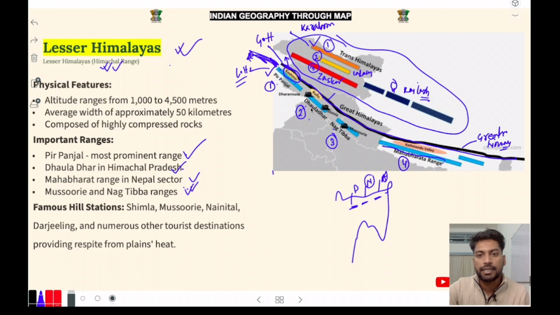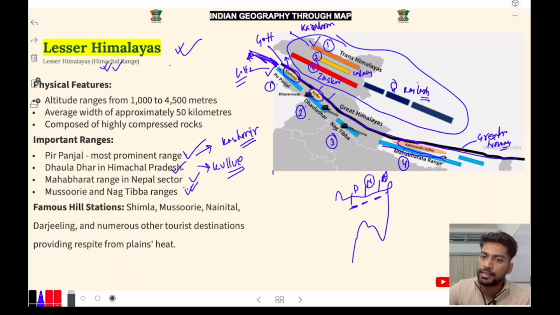Now again, between Greater Himalaya and Dauladhar, the valley in the middle is called Kullu Valley. So remember Kullu Valley. And between Greater Himalaya and Mahabharat, we call it Kathmandu Valley in Nepal.